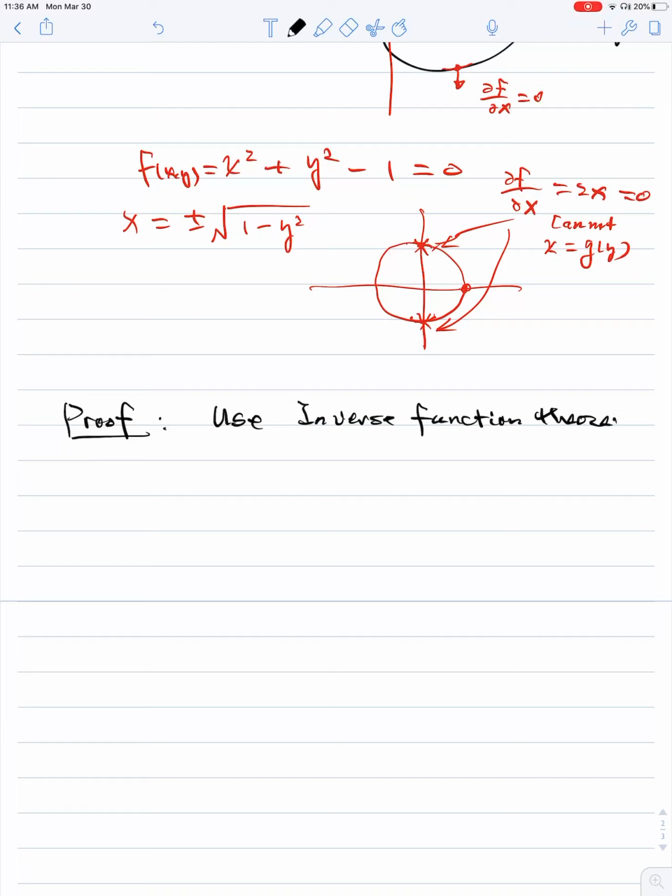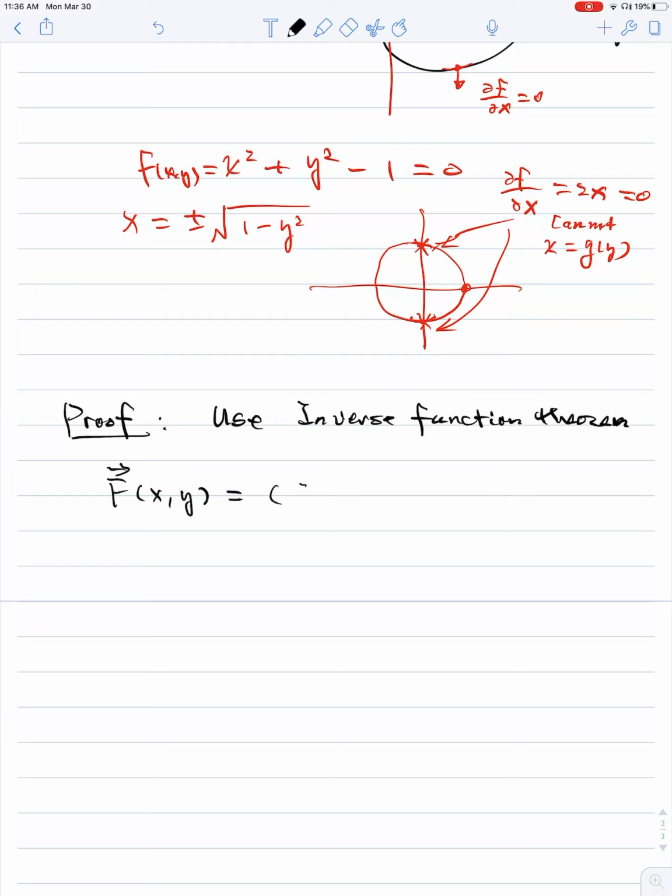So the way we do it is that we define a new function, which I will call capital F, defined in this way.